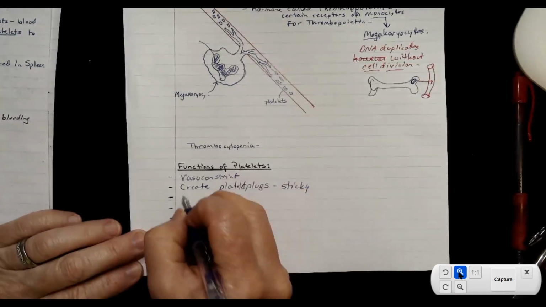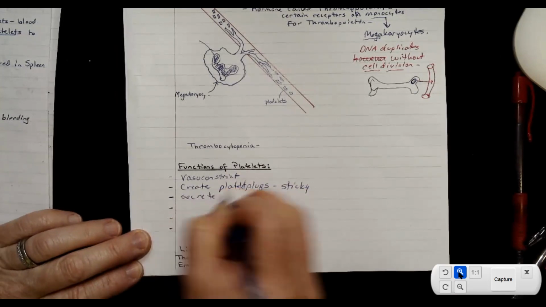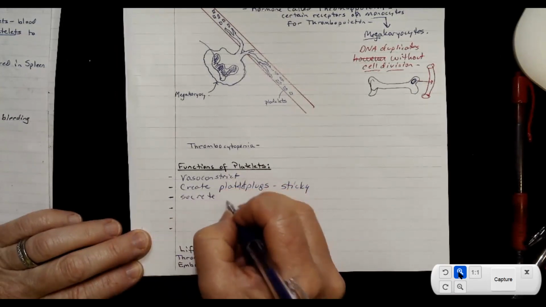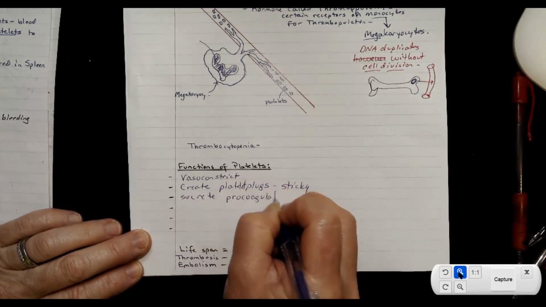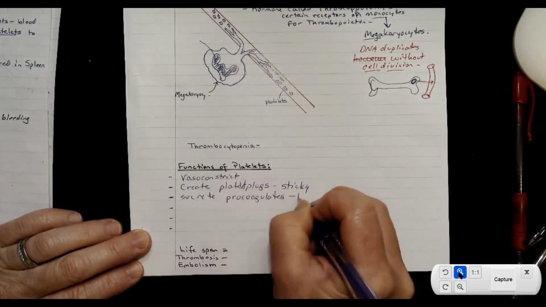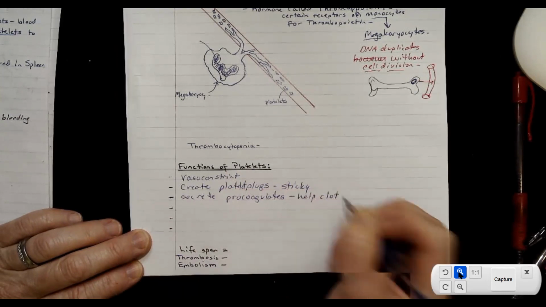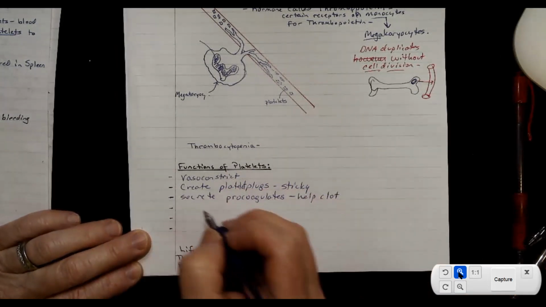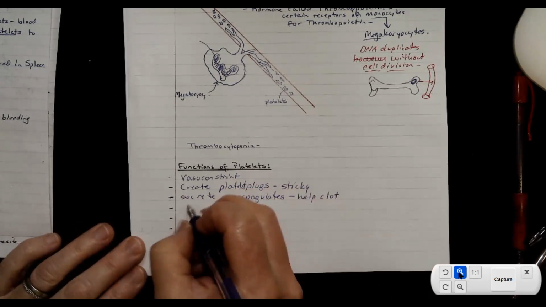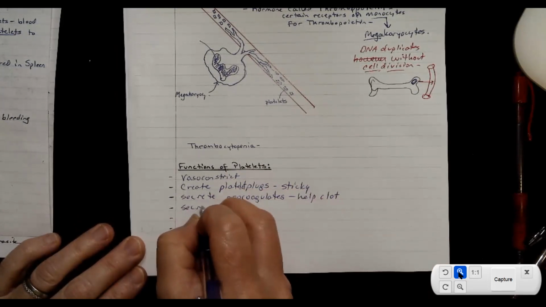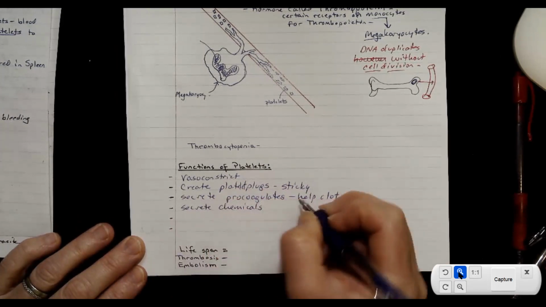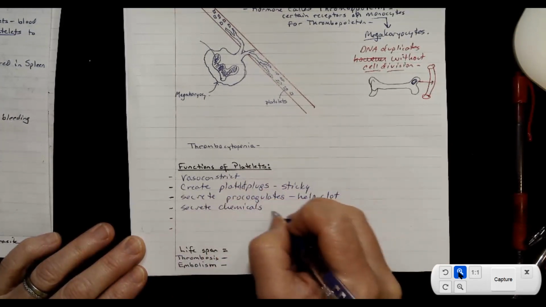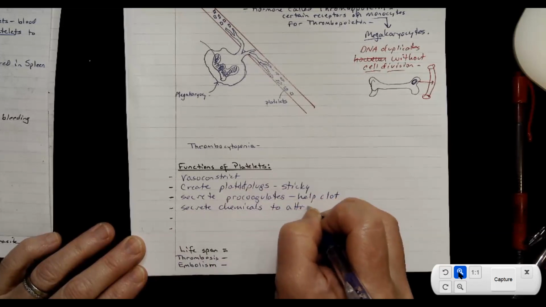They secrete procoagulants to help clot. And they secrete chemicals to attract neutrophils, or just to attract other white blood cells.